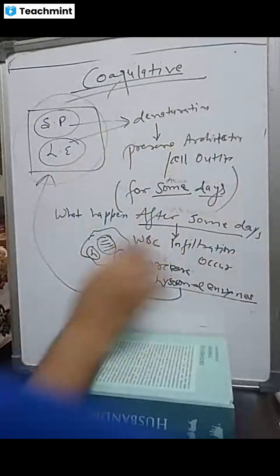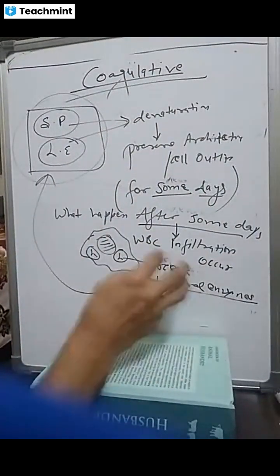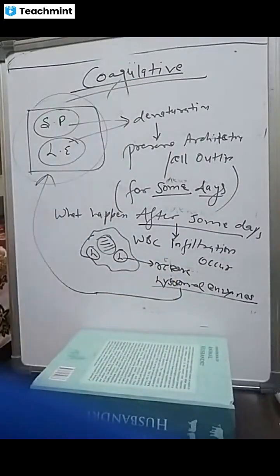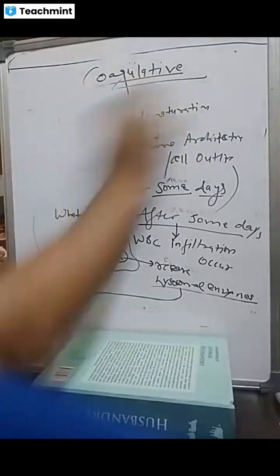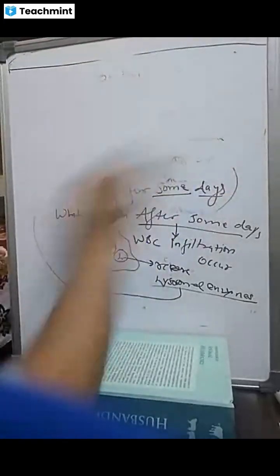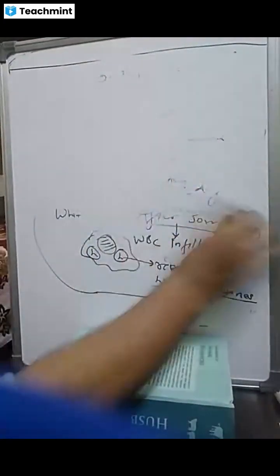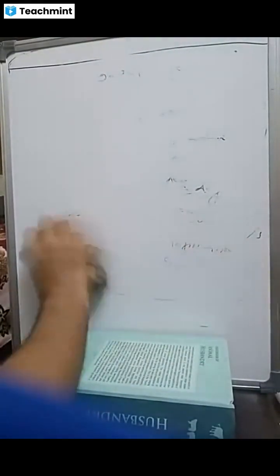After some days, leukocytes infiltrate, release their enzymes, phagocytize and remove the dead necrotic cells. This is the story of coagulative necrosis.